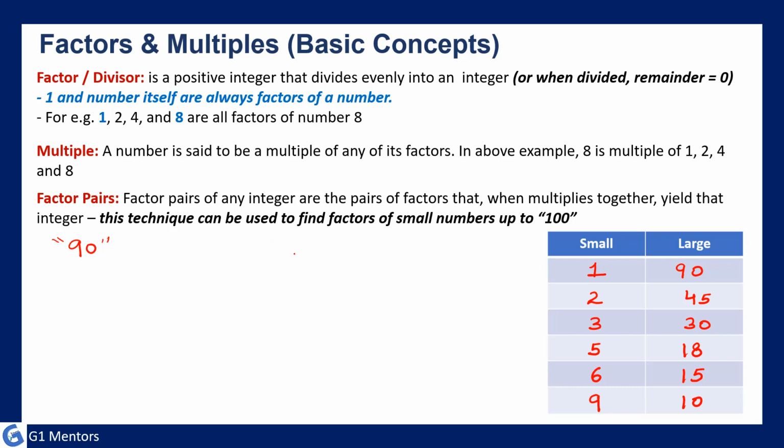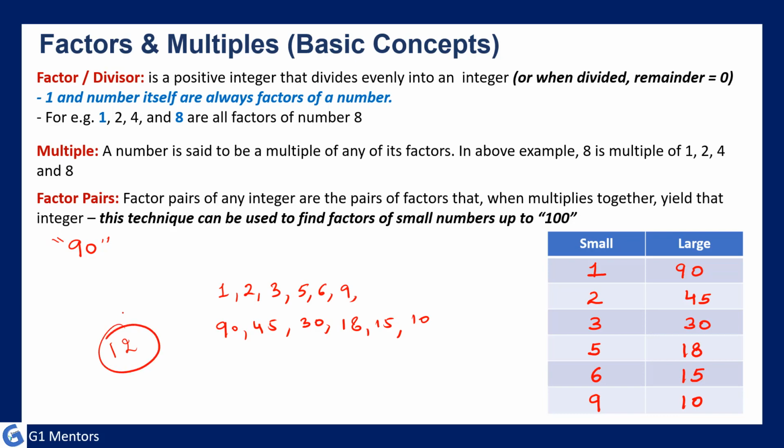So the factors of 90 are what? 1, 2, 3, 5, 6, 9, 90, 45, 30, 18, 15 and 10. So there are in total 12 factors of 90.